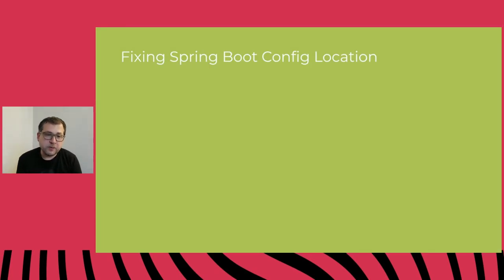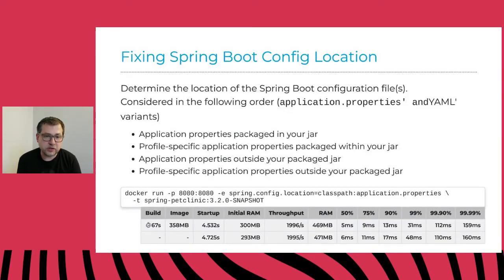Okay, so Spring Boot has another thing I came across. This is fixing Spring Boot config locations. Config locations in Spring Boot can be for the property files, but also for the YAML files. They can be in different places. And therefore, it really depends where you place your configuration file. Or even better, you could tell Spring Boot that it shouldn't try to load the files from 4 different places.